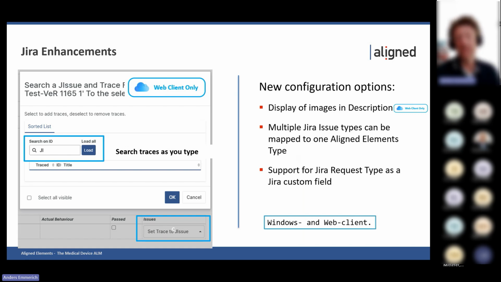The requirement there is that they contain the same kind of fields, or you only want to display the same kind of fields within aligned elements. If they differ, you still have to go with two different aligned elements types. We now also have support for what Jira calls a request type, and that can be mapped as a custom field. The display of images in the description is also new for Jira. That's only available in the web client, though.